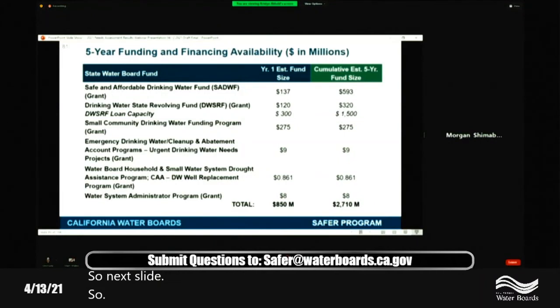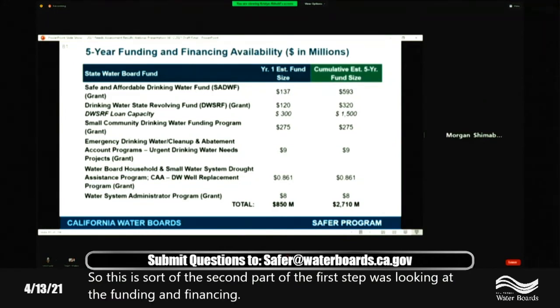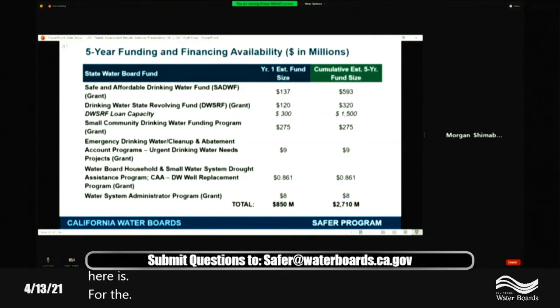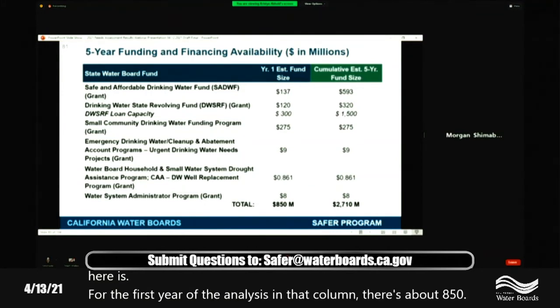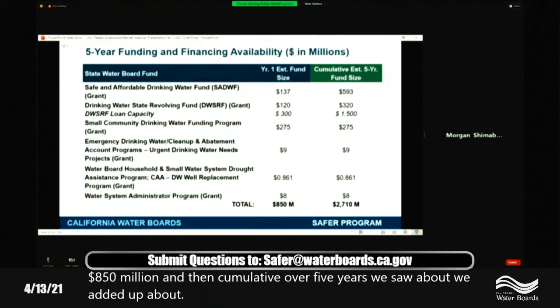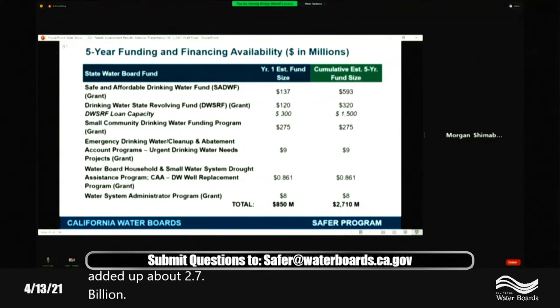So this is sort of the second part of the first step, looking at the funding and financing available. This is the list of the state water board funds we looked at. And basically what you can see here is for the first year of the analysis in that column, there's about $850 million. And then cumulative over 5 years, we added up about $2.7 billion of available funding.